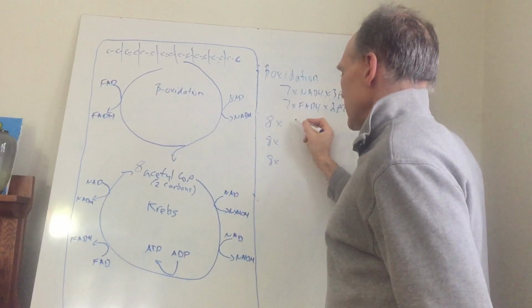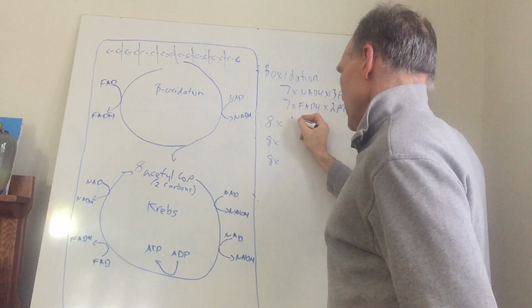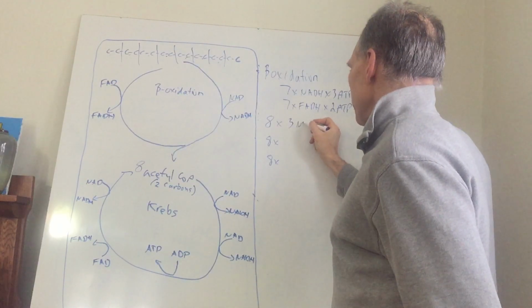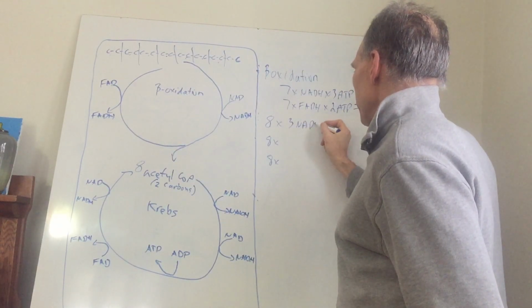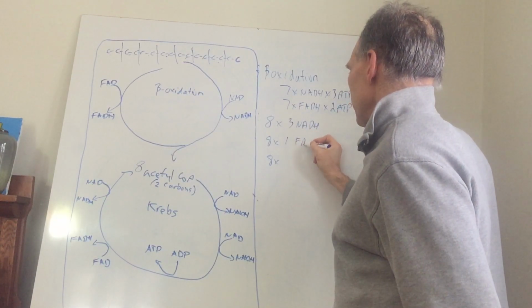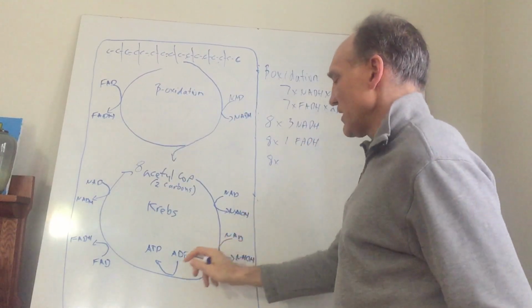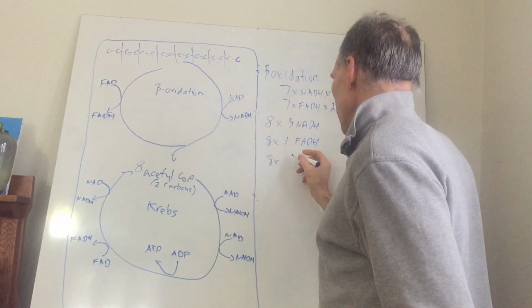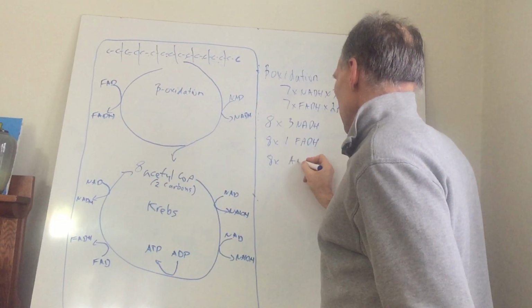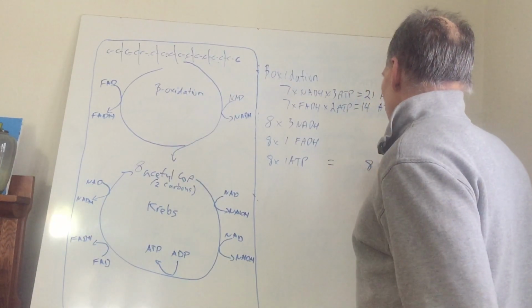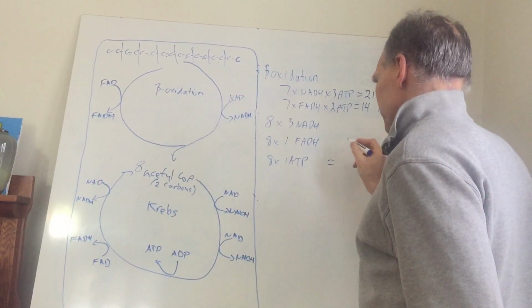You have 3 NADH that are produced here in the Krebs cycle, 1 FADH, and then an ATP equivalent that's produced at 1 step. So 8 times 1 ATP. So you end up with 8 ATPs from that step.